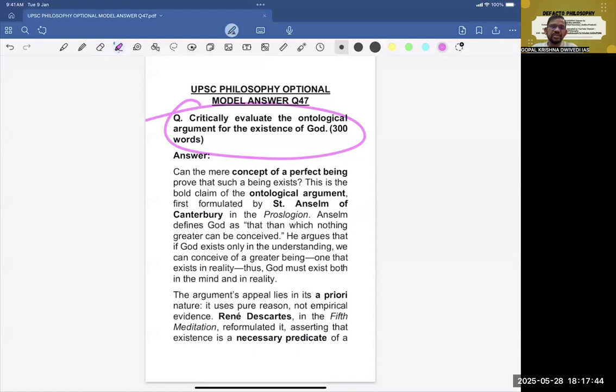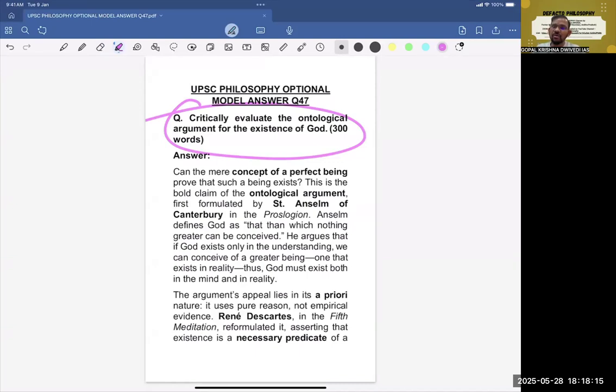Now, if in some questions it only says discuss the ontological argument, or what is the ontological argument for existence of God, without saying critically evaluate, there also you can reduce the number of words for evaluation, because then you will have to write more words for exposition of the argument itself. But still, if not 40%, then 20 to 30% of words you have to use for critical evaluation of that argument and conclusion.